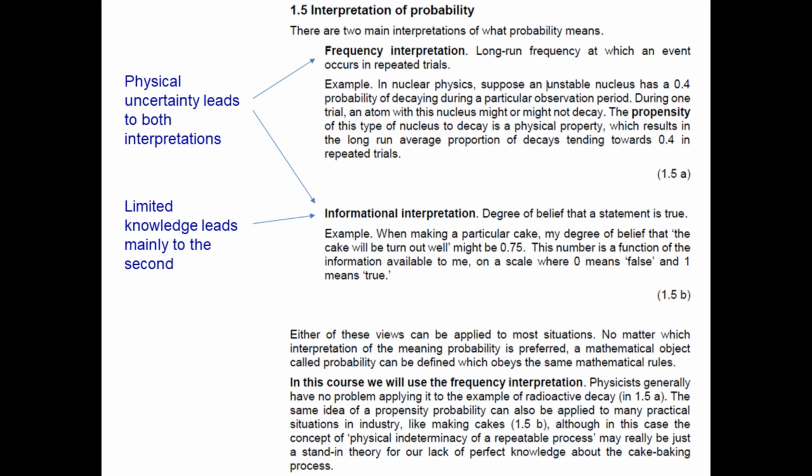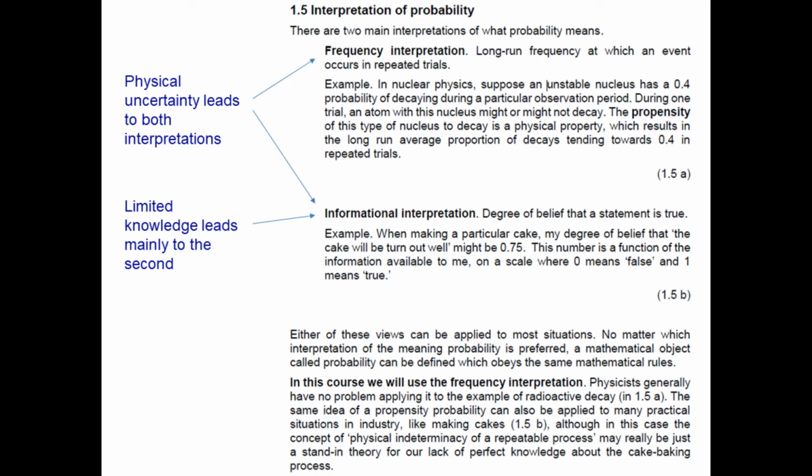So applying a very high pressure, perhaps this makes it less likely to decay. So we might say that our probability has gone down from 0.4 to, say, 0.38, and we could do some sort of test on how confident we are that this is a real decrease. Okay, so we're looking at a physical thing there.